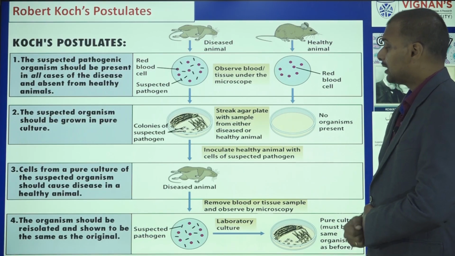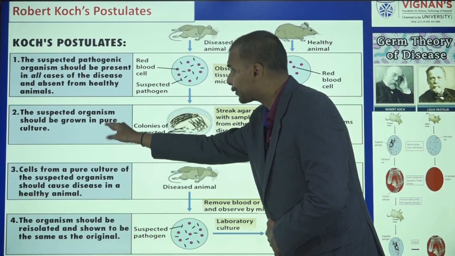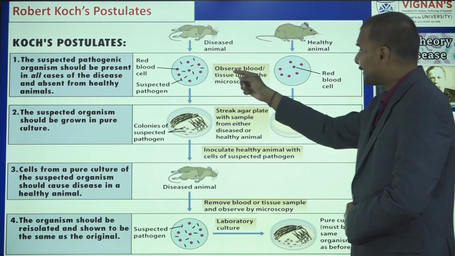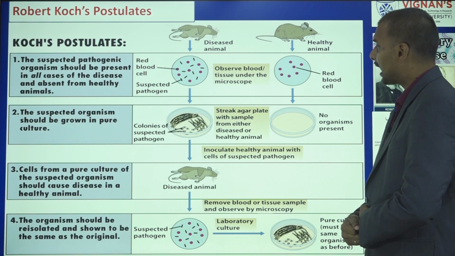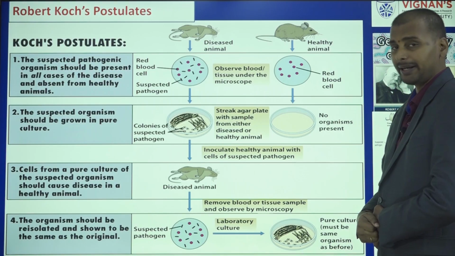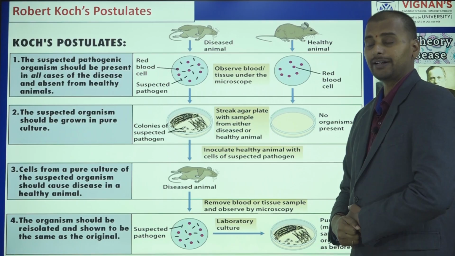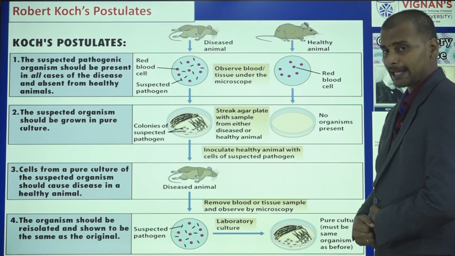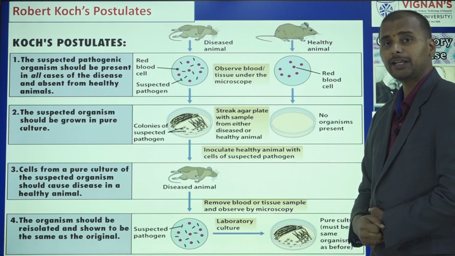Then the second postulate: the suspected organism should be grown in pure culture. They took the sample from the diseased animal and cultured it in nutrient agar media, and found pathogenic colonies. When they cultured the sample from the healthy animal, they did not find growth of any microorganism.